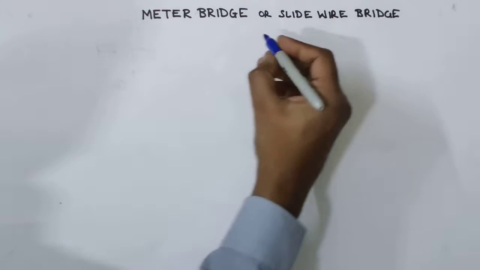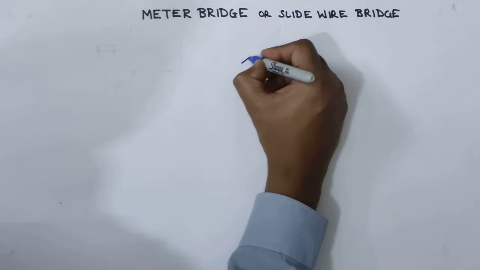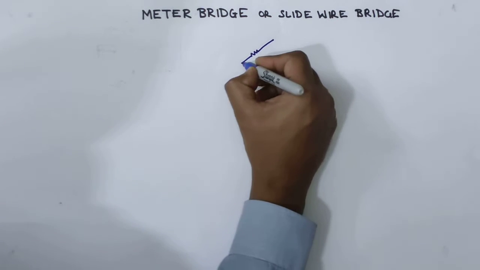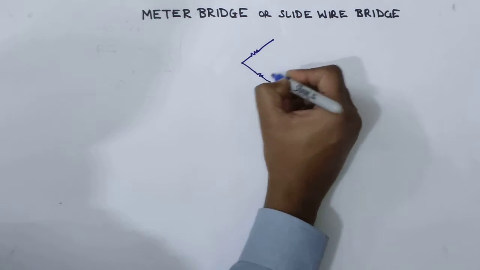Now in the previous video, we all have studied what exactly the Wheatstone bridge was. If you remember, the Wheatstone bridge was an arrangement of 4 resistors which were arranged like this.